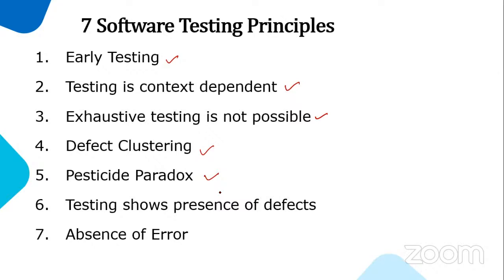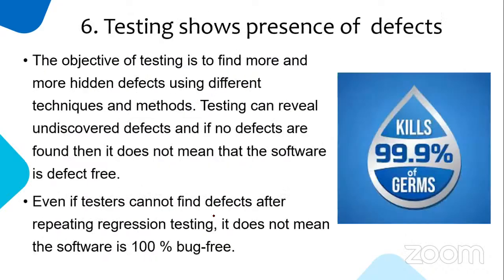And pesticide paradox: we have to keep updating our test cases, either sanity, regression, or smoke testing. And if we tested according to the requirement and there is no defect, we can't say it's 100% defect free. There will be some hidden bugs. So this is what we learned yesterday.